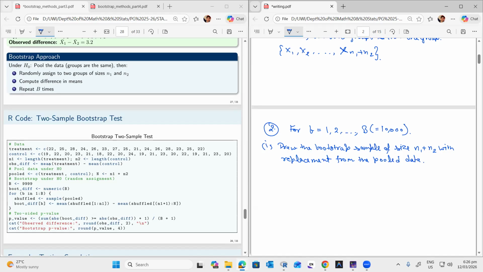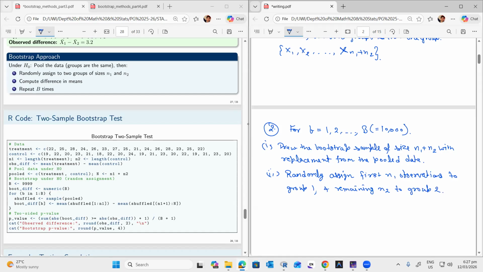All right. After that, in the second stage, randomly assign the first n1 observations to the first group, or group 1, and the remaining n2 to group 2.